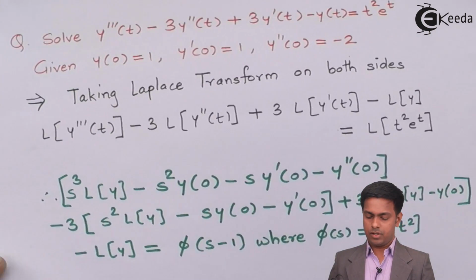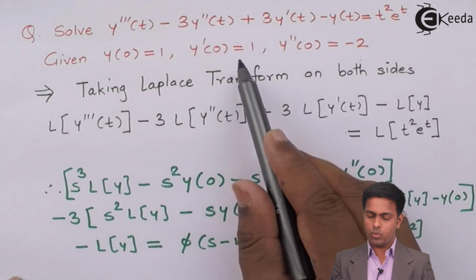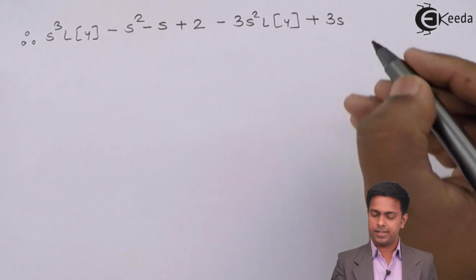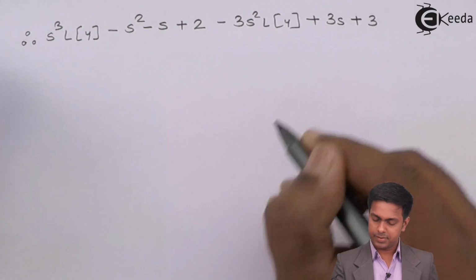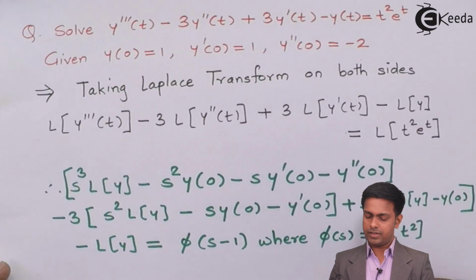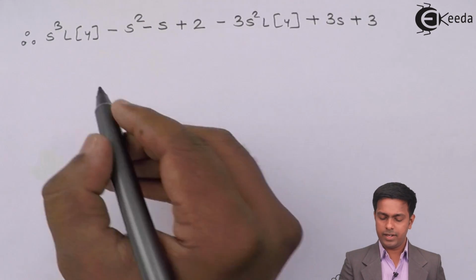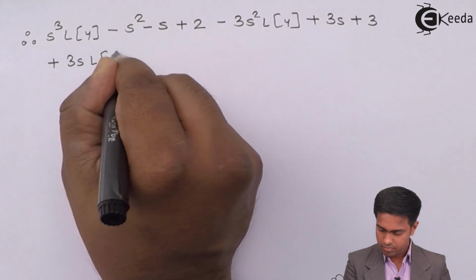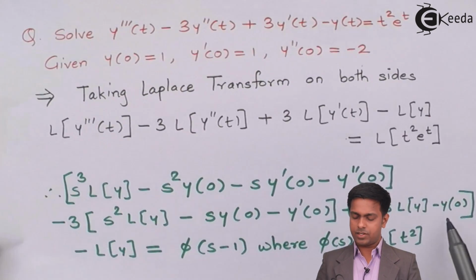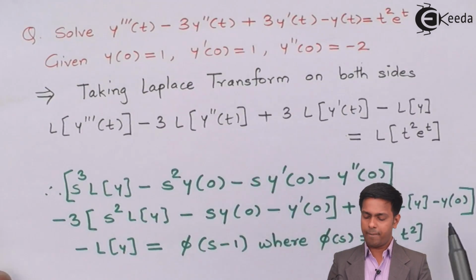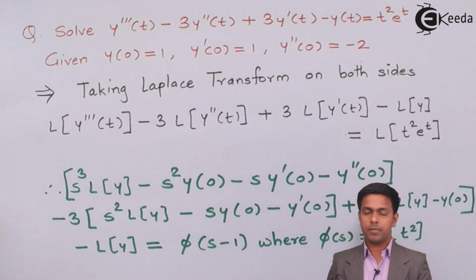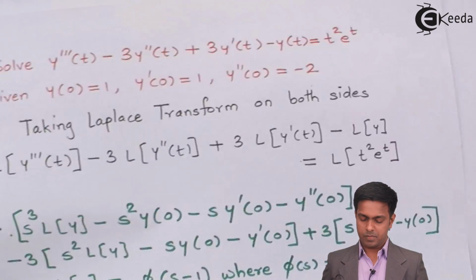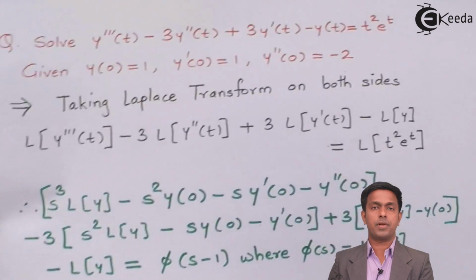Next, y dash of 0 is 1, so that is minus 1. Minus 1 into minus 3 is plus 3, so plus 3. Here we will get 3s Laplace of y. Next, the value of y of 0 is 1, so negative 1 into plus 3 is negative 3. Next, minus Laplace of y.